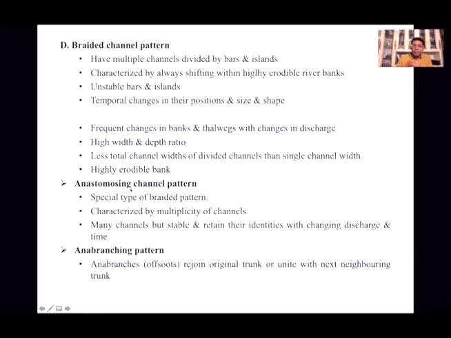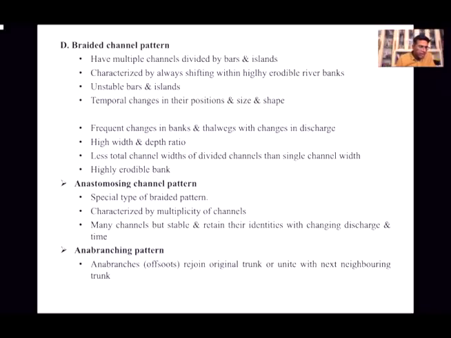Anastomosing, however, is a special type where the channels are stable and retain their identities without changing discharge with time. So both braiding and anastomosing channels have multiple channels. But the difference is that in a braiding channel the course is not stable. It keeps on changing.